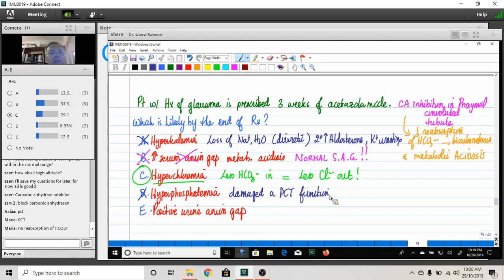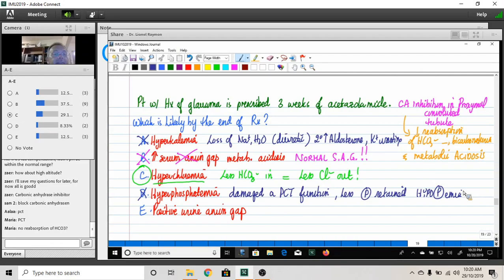when you damage PCT function, it means less phosphate retained. So you generally see hypophosphatemia. Even in a chronic setting like RTA type 2, you might even get hypophosphatemic rickets from this.